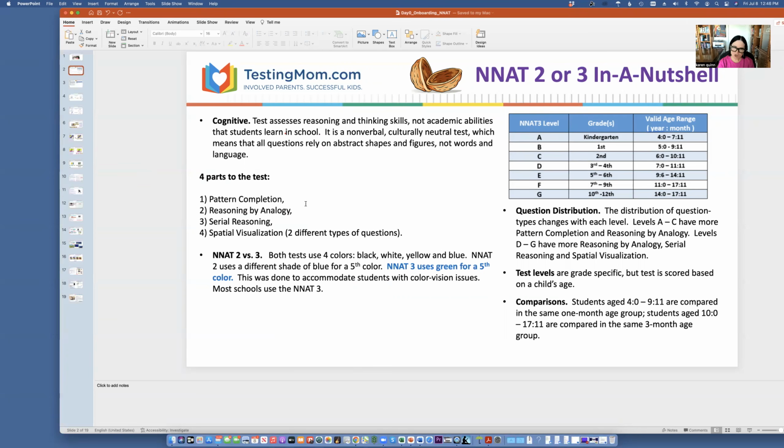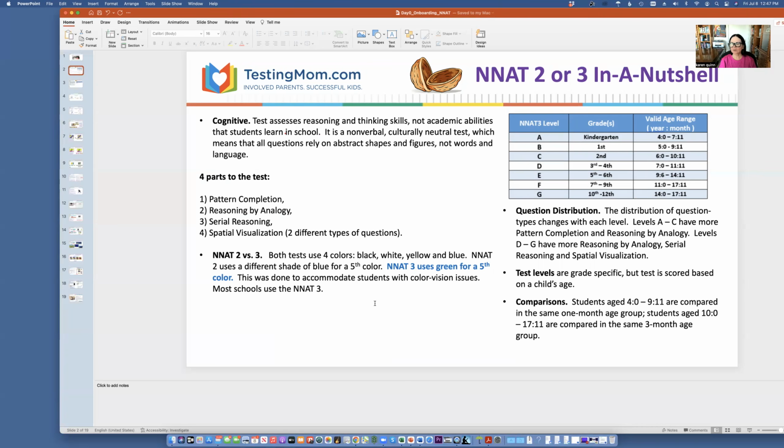There's 4 parts to the test: pattern completion, reasoning by analogy, serial reasoning, and spatial visualization. And I'll show you what all the different questions are like. Within spatial visualization, there's 2 different types of questions. And you might hear about NNAT 2 or NNAT 3. The NNAT 3 is the newer version of the test.